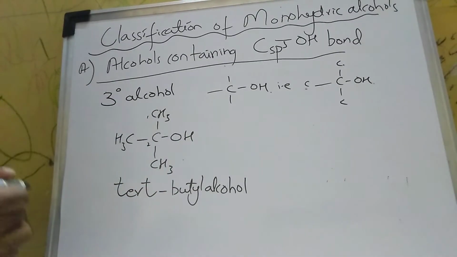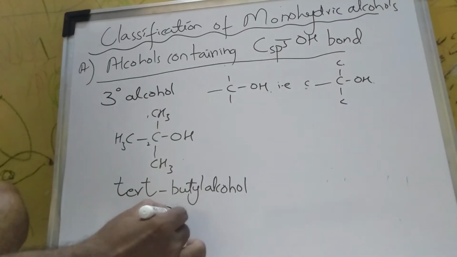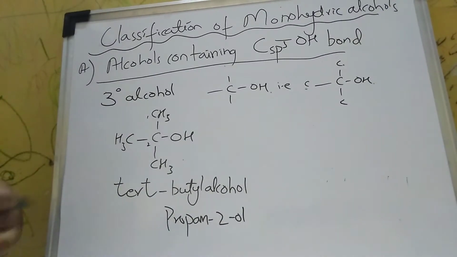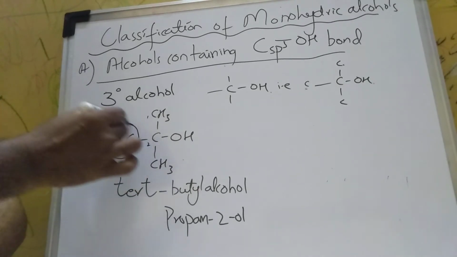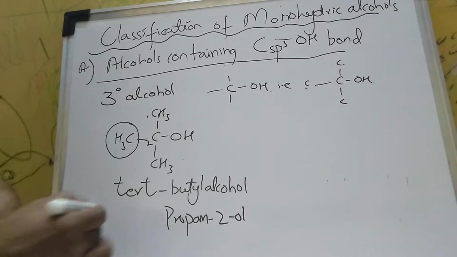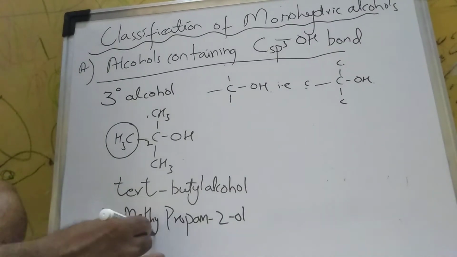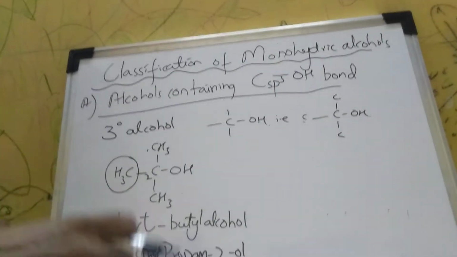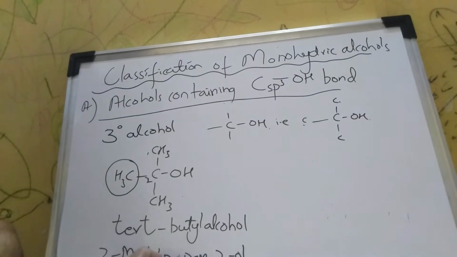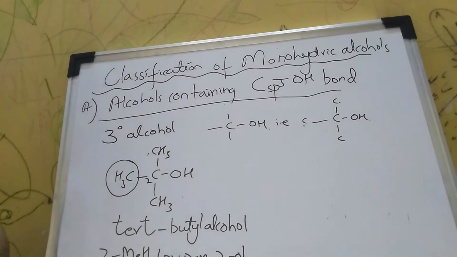The OH is attached on the second carbon atom, so it is propan-2-ol. Now it also has a substituent methyl group, which is attached to the second carbon atom. So it is 2-methylpropan-2-ol. This P will be small.